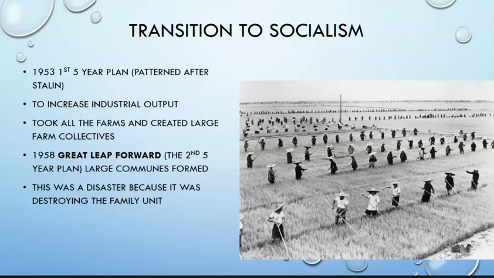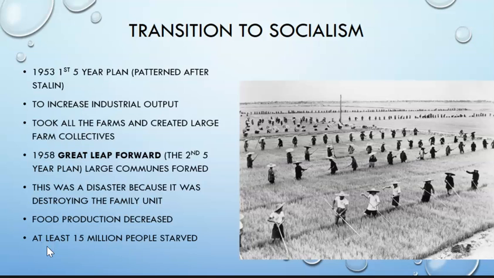Chinese culture had always been centered around the family unit, but now that family unit is being forcibly divided up in these communes, and the farms are being divided up this way. So this did not work well. Production on the farms greatly decreased, and we see a huge famine coming to China, where it's estimated at least 15 million people starved to death because of low production of crops and so forth.